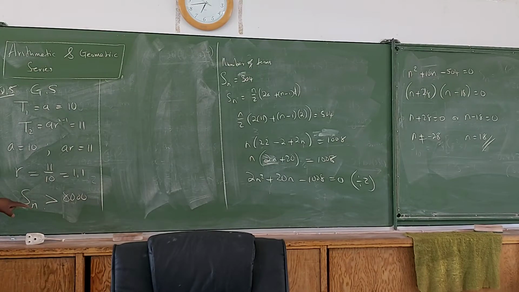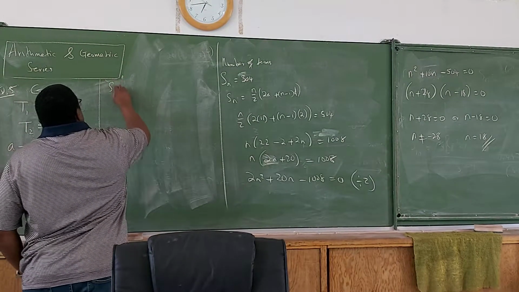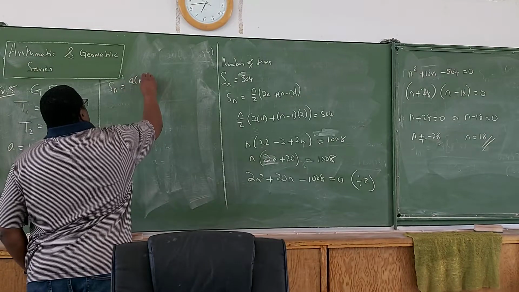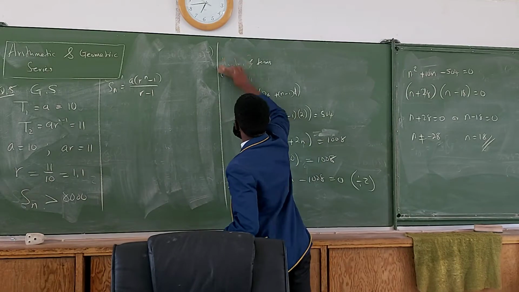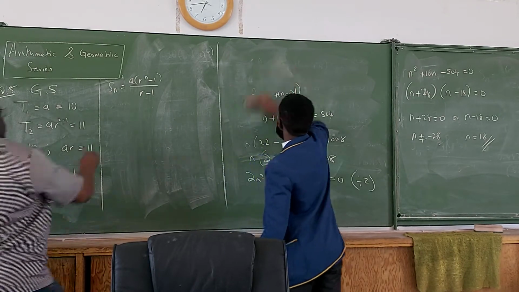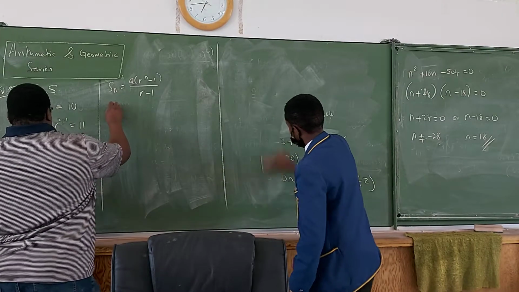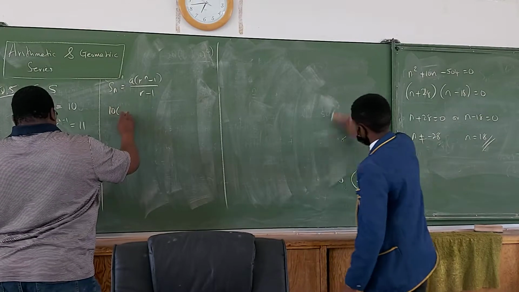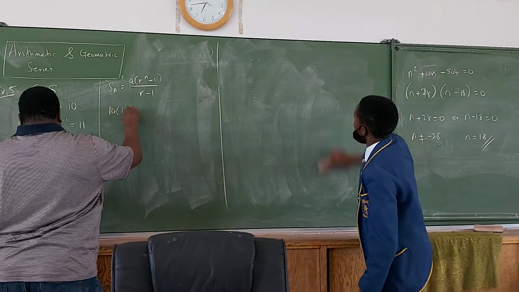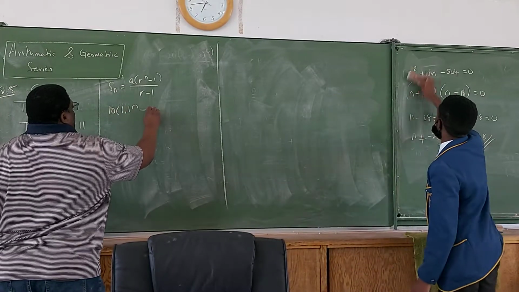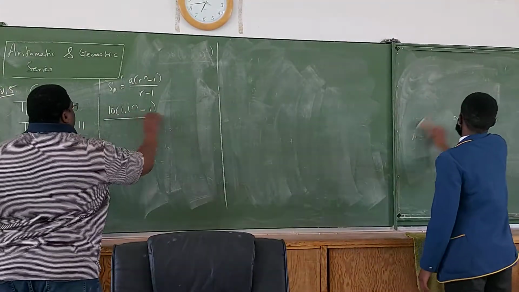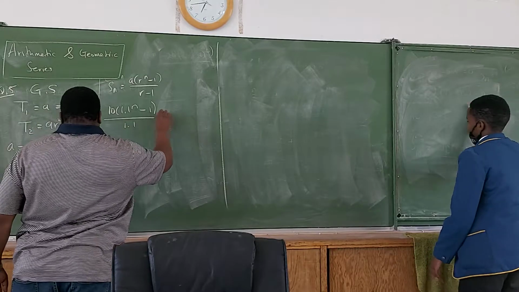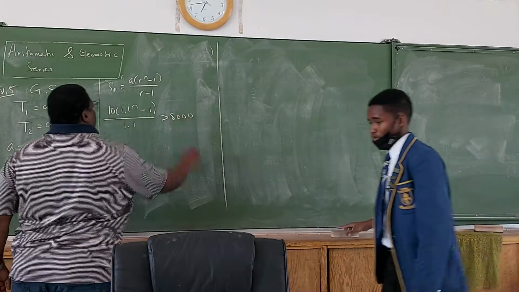Right, r is 1.1, so we are going to use the formula S_n equals a(r^n minus 1) over r minus 1. So, smallest number of terms, our a is 10 in brackets, then it's 1.1 raised to the power of n minus 1, over 1.1 minus 1, should be greater than 8,000.